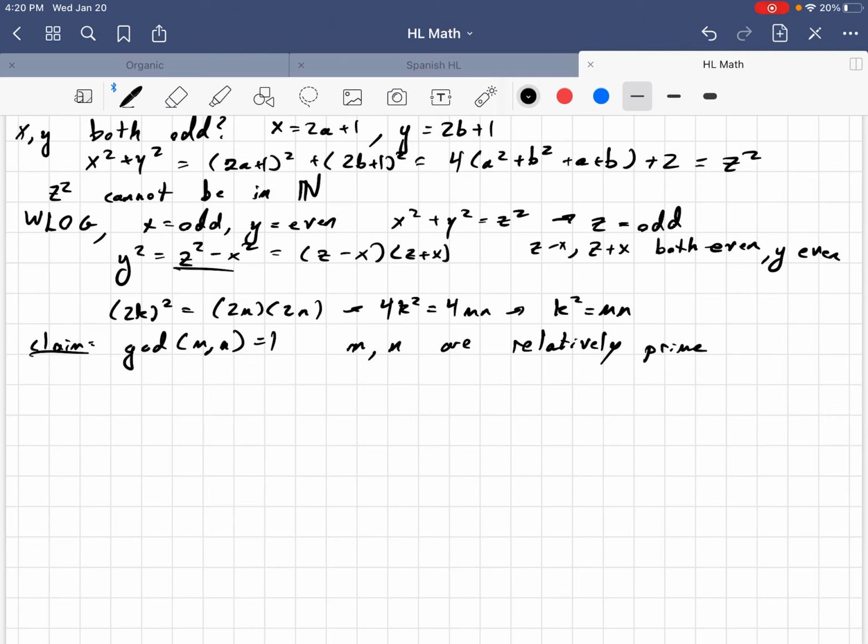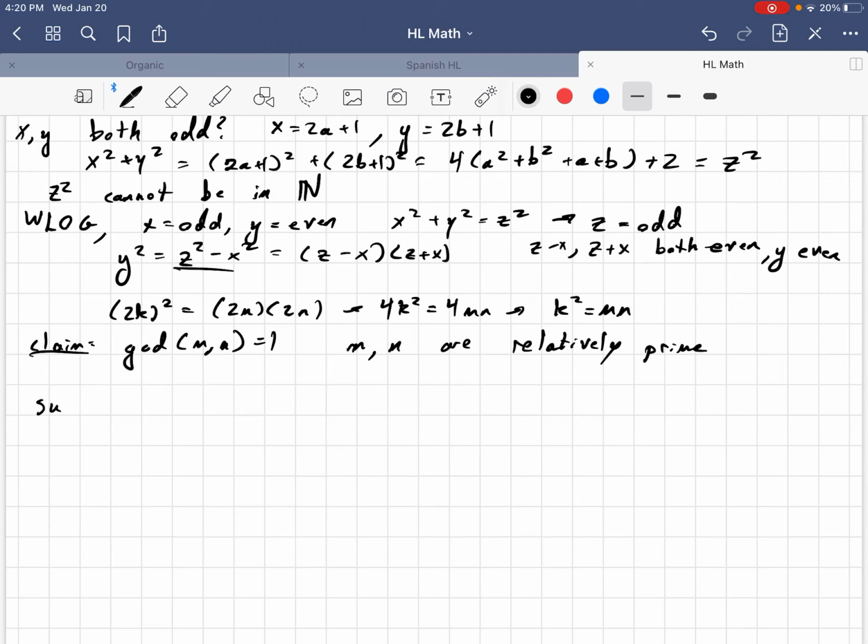So how can I go about that? Well, let's suppose the contrary. Let's say that there is a number greater than 1 that divides both m and n.